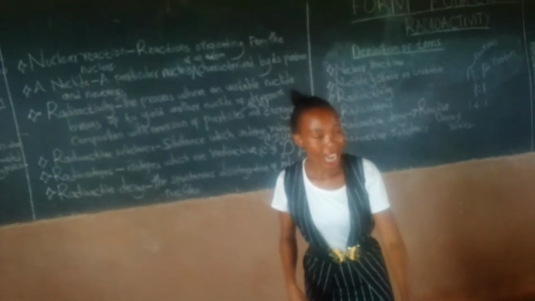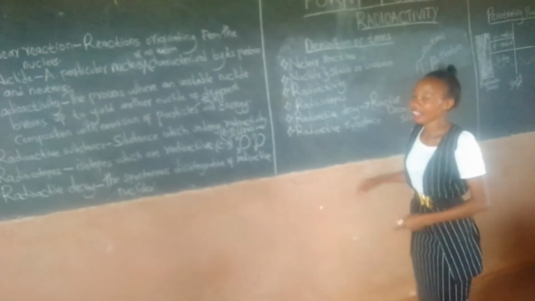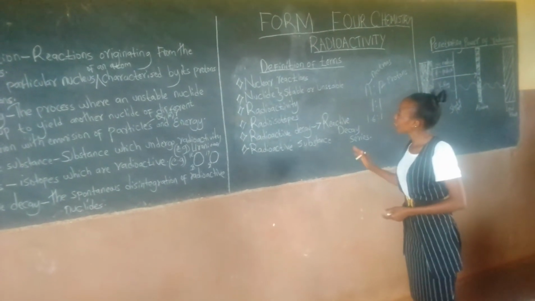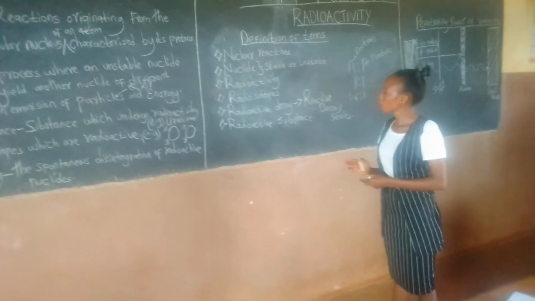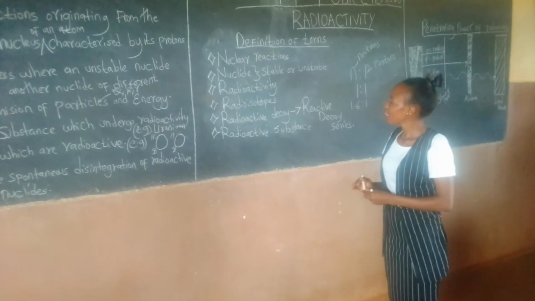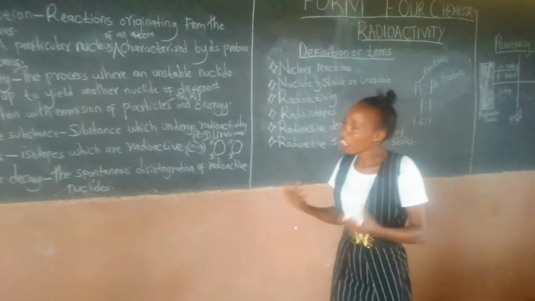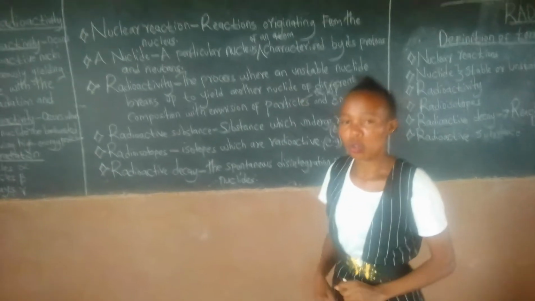And now, having tackled the definition of terms that we had in our introduction, which were nuclear reaction, nuclide, radioactivity, radioisotopes, radioactive decay and radioactive substance, I want us to see the types of radioactivity. How many types do we have?